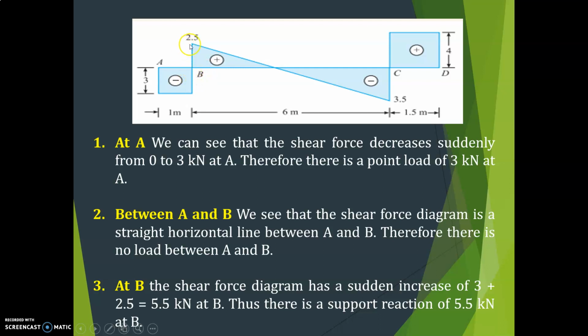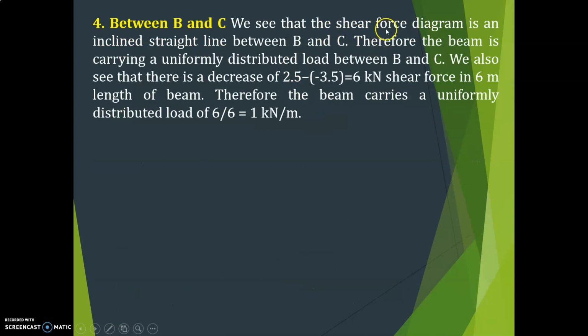Next, there is an inclined straight line, which means there is a UDL between B and C. We can see the shear force diagram is an inclined straight line between B and C. Therefore, the beam is carrying a uniformly distributed load.